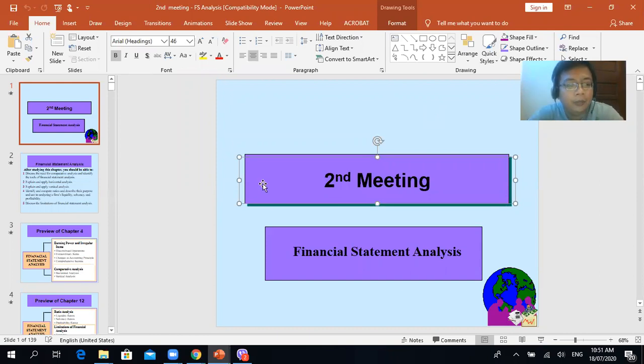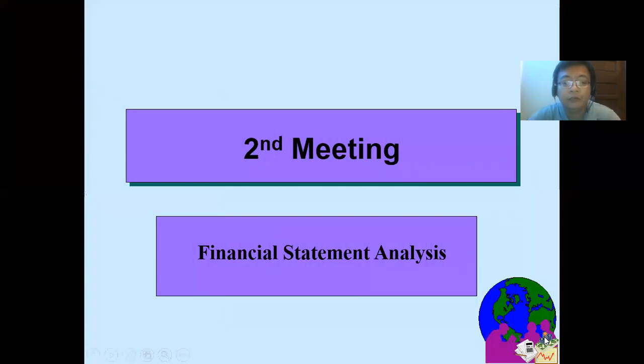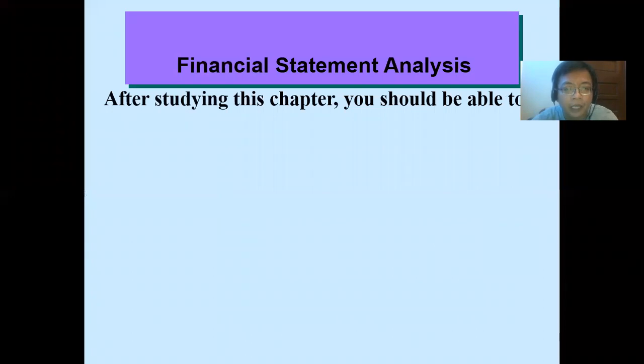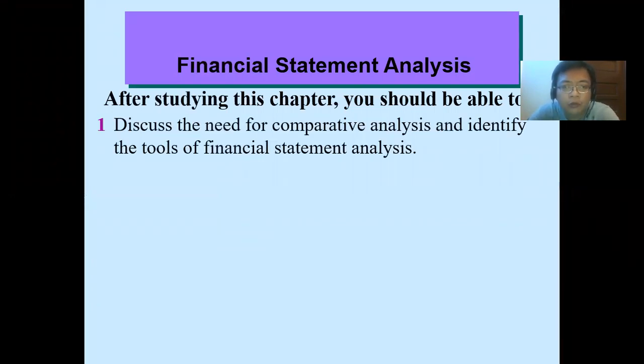Very important in terms of this analysis is to know the financial statement. When we say FS analysis, today I will discuss comparative analysis and identify the tools of it.